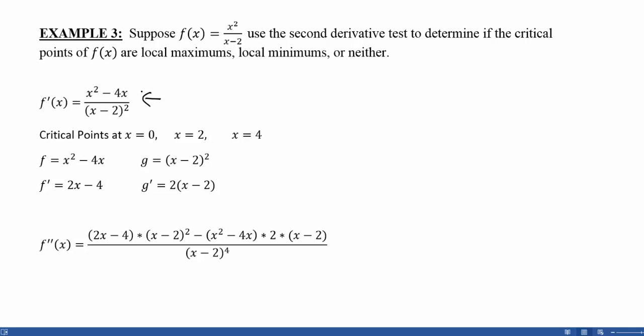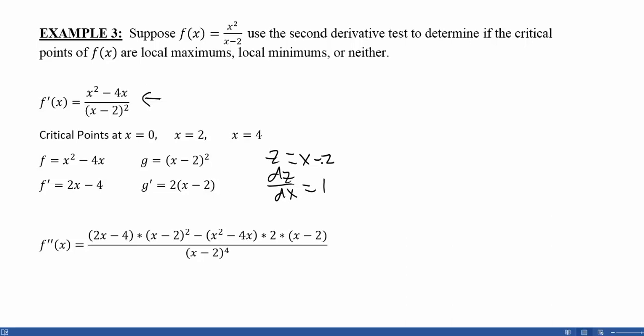So the derivative of x squared minus 4x is 2x minus 4. In order to find the derivative of g, we need to use a chain rule, where our z here is going to be x minus 2. So our dz dx, the derivative, is just going to be 1. So the 2 comes down, and we subtract 1 from the power, and then we multiply by 1.